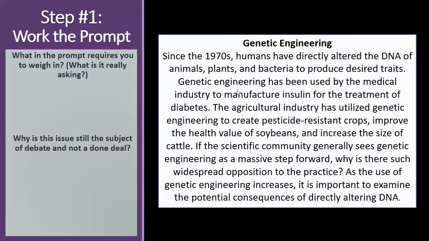Genetic engineering has been used by the medical industry to manufacture insulin for the treatment of diabetes. The agricultural industry has utilized genetic engineering to create pesticide-resistant crops, improve the health value of soybeans, and increase the size of cattle. If the scientific community generally sees genetic engineering as a massive step forward, why is there such widespread opposition to the practice?